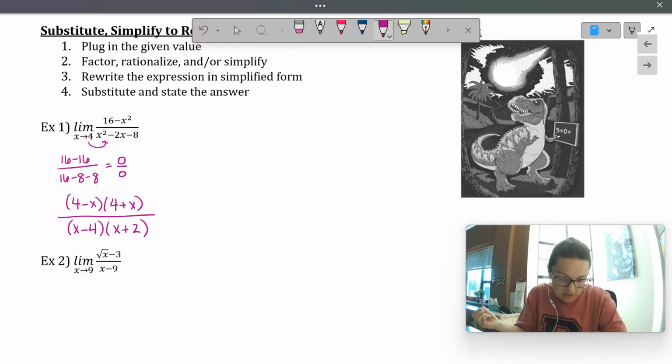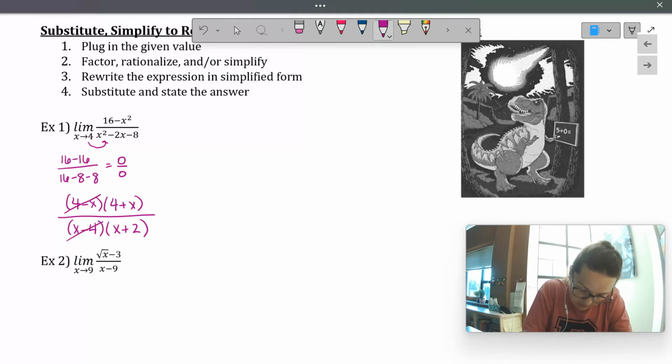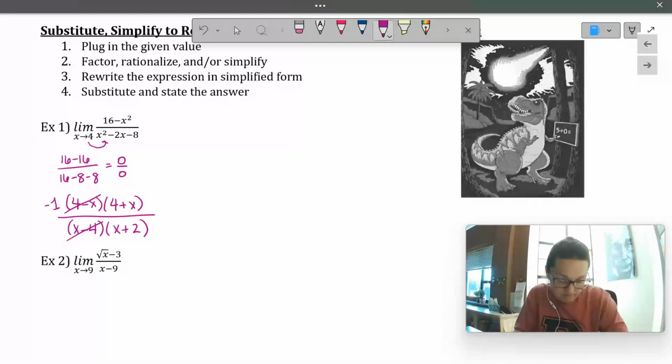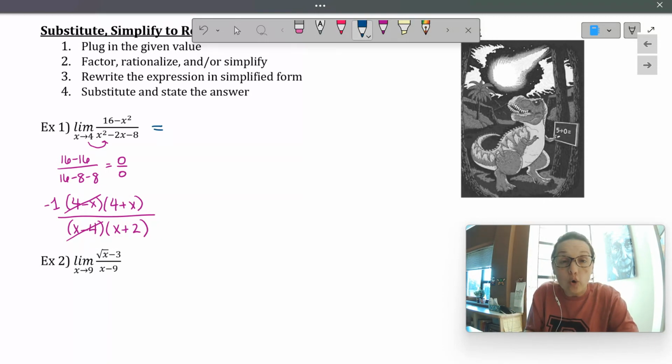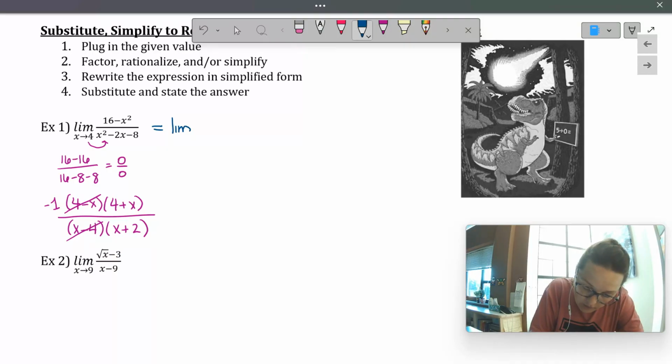Okay? So x minus 4 and 4 minus x do cancel and divide to -1, which means this original expression can be simplified into this other expression, and their limits are the same. So that original limit can also be written as -4 plus x over x plus 2.